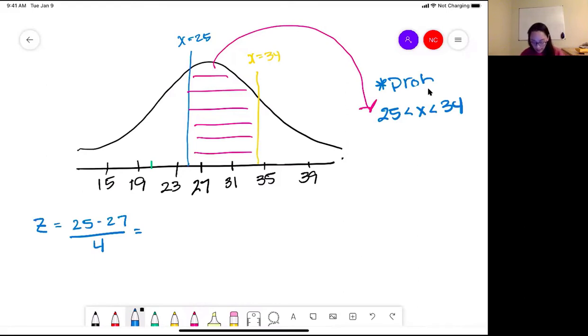Okay, and then somebody calculate these while I'm writing them. And then for 34, our z-score would be 34 minus our mean, 27, divided by our standard deviation. So what did you guys get for the z-score at a raw score of 25?